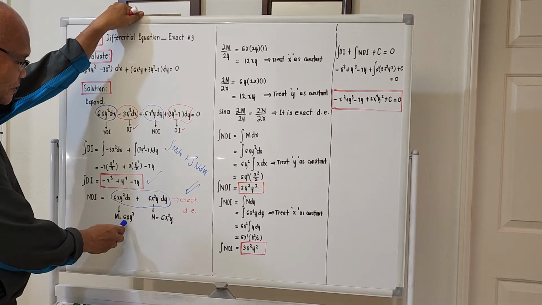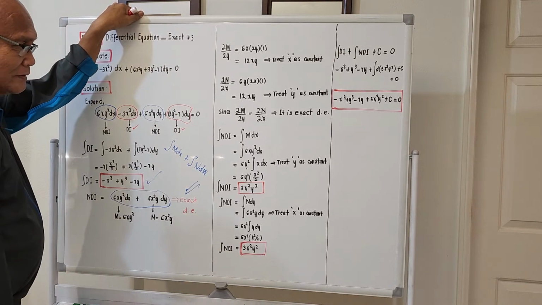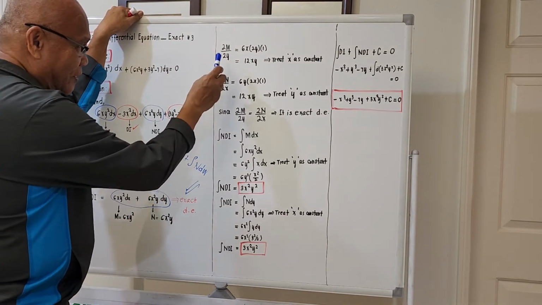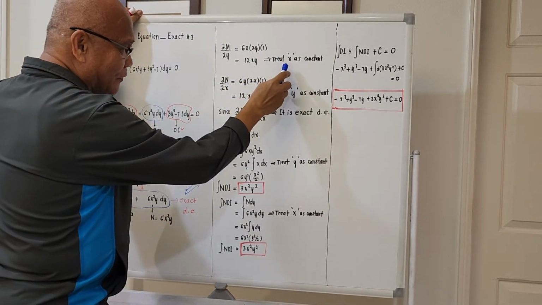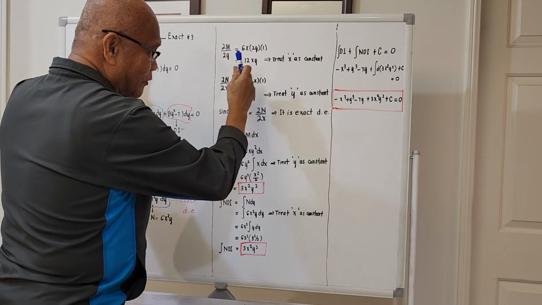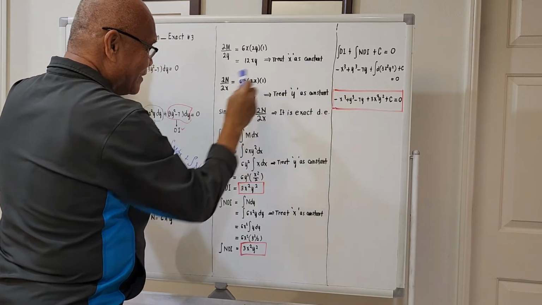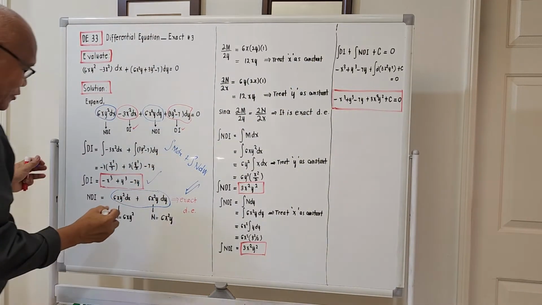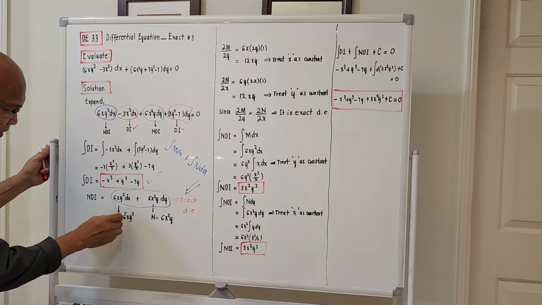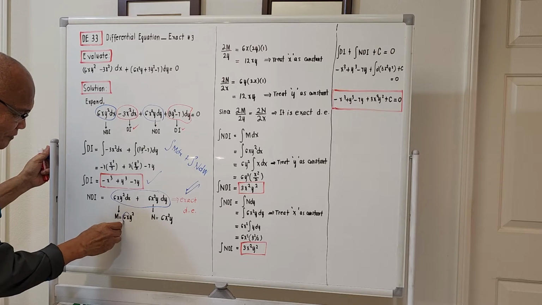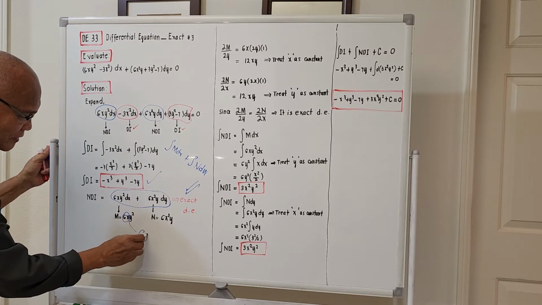M is actually 6xy squared, right? Taking the derivative with respect to y. For the meantime, treat any x term on the right as constant. So if we take the partial derivative of M with respect to y, treat 6x as constant.